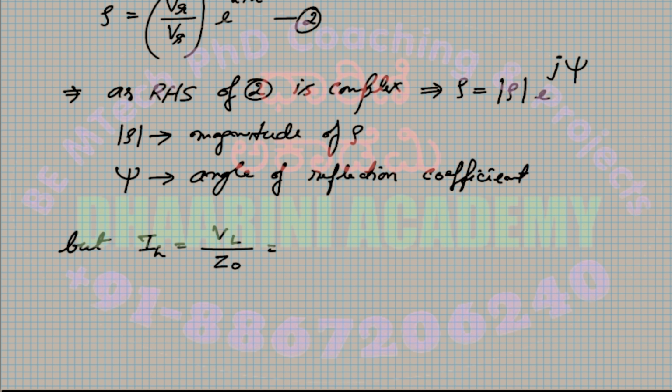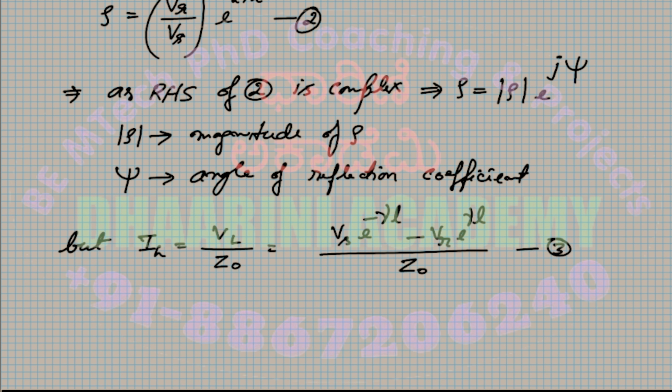How do I calculate that? I'll substitute what we have already calculated in the previous equation: Vs e to the power minus gamma L minus Vr e to the power gamma L, all divided by Z naught. That's the equation for current, equation 3.